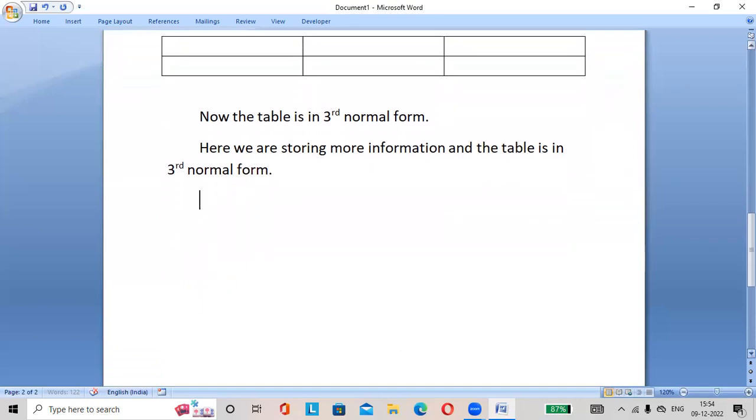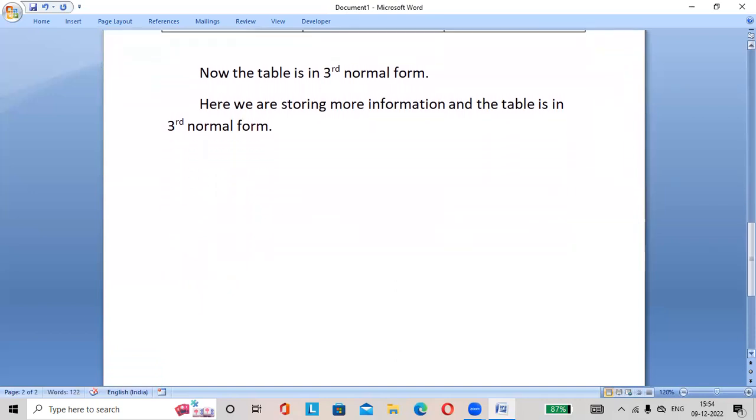The next normal form is Boyce-Codd normal form. Boyce-Codd normal form is also known as BCNF.